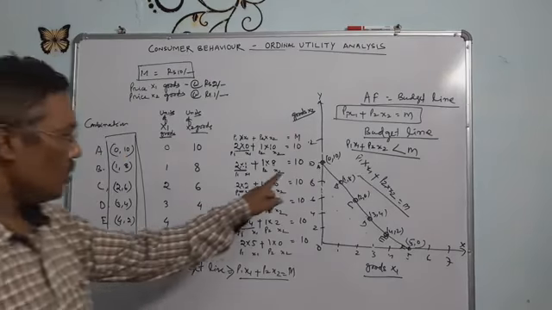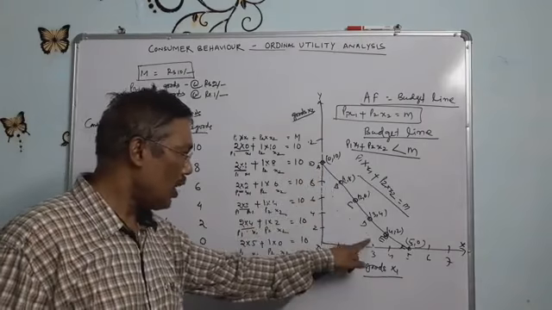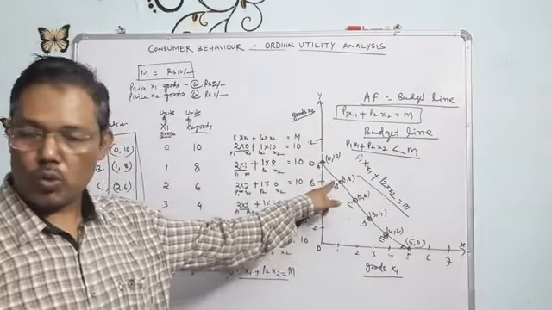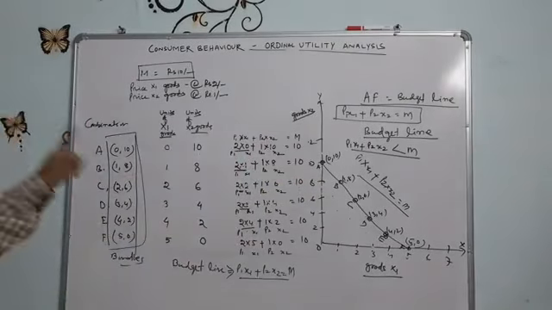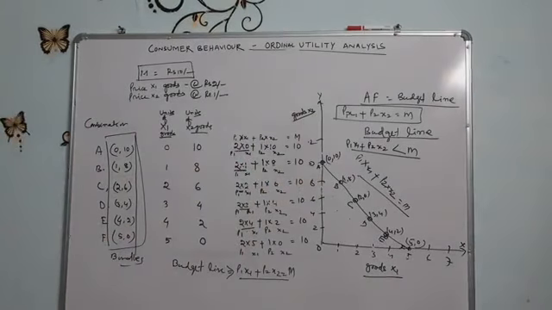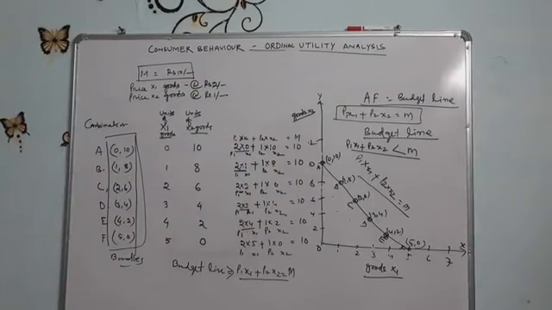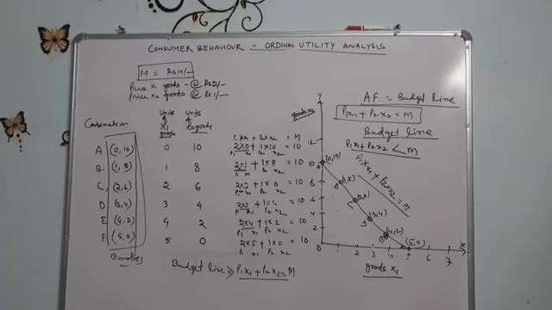Budget line shows all the possible combinations of two goods. It is that graphical representation which shows all the possible combinations of two goods that a consumer can buy with the given income and prices of commodities.